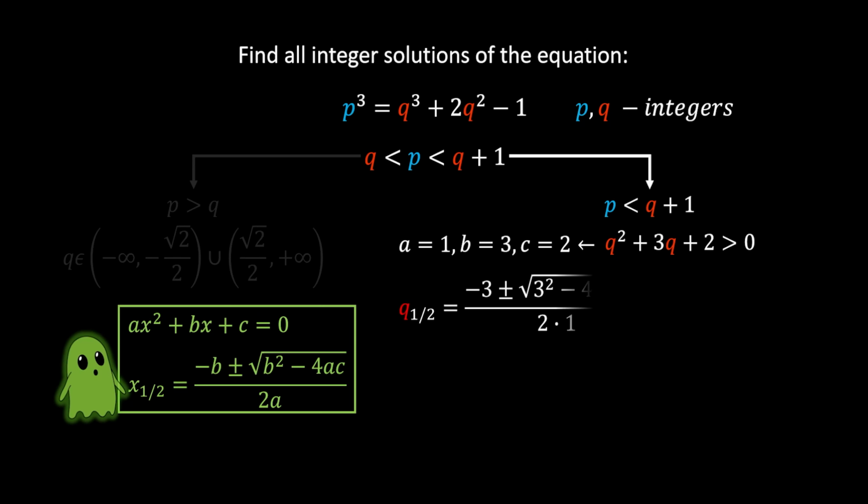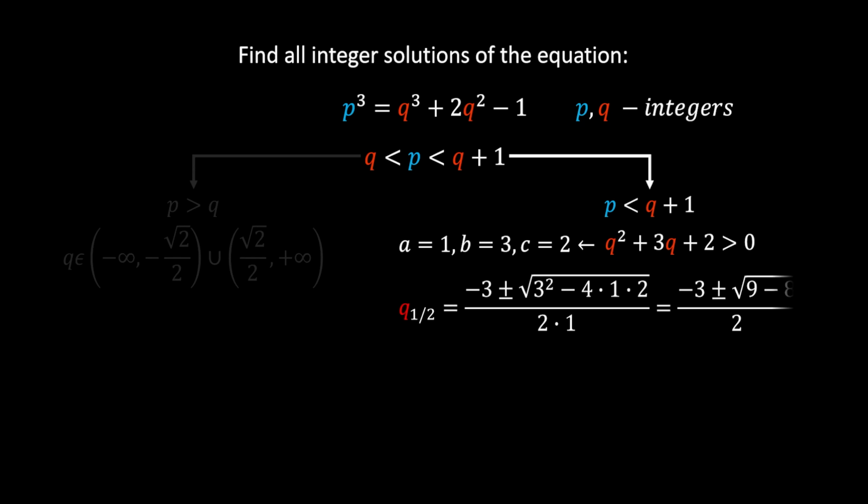And we're going to implement those values into our quadratic formula and get the following. Now we can simplify this, and after simplifying more, we will get minus 3 plus minus 1 over 2, which leads us to two possible solutions. The first one is minus 2 and the second one is minus 1.